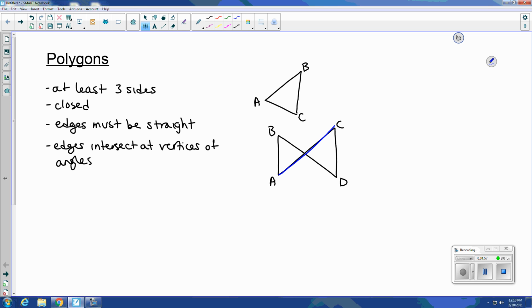Now, speaking of edges and vertices, the edges are the sides, so that's an edge. The vertex is where the edges meet, and we have angles at those vertex. Now, within each polygon, we have interior angles. So for that triangle, we have angle 1, 2, 3, or angle A, B, and C, are interior angles.